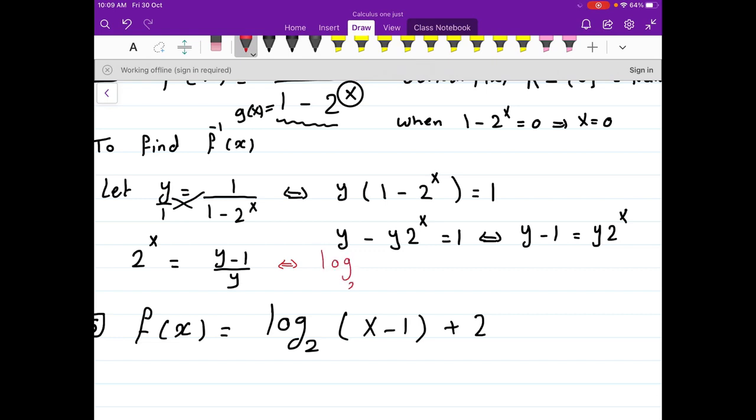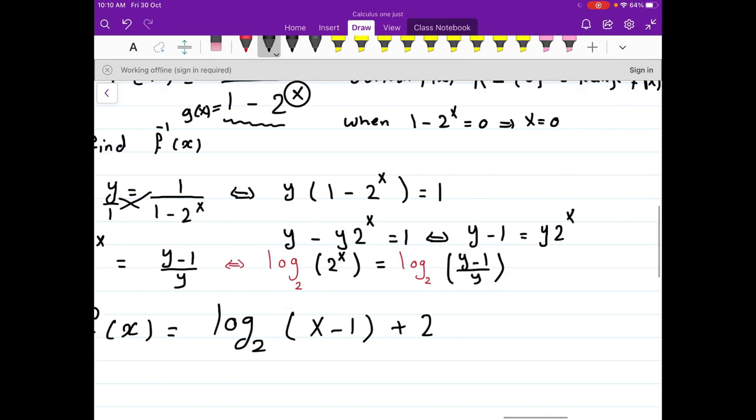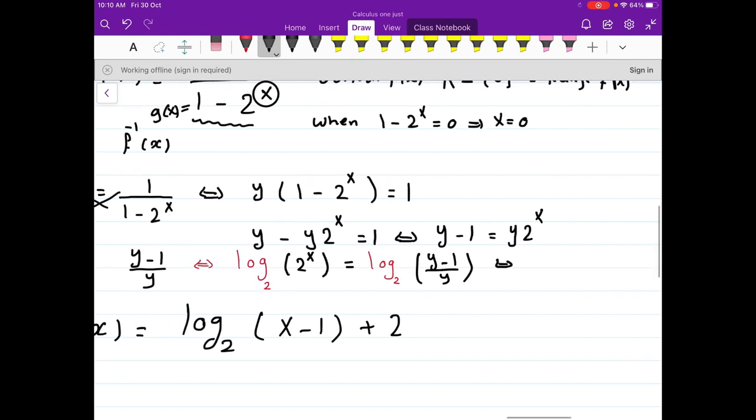So take log base 2: x equals log base 2 of (y minus 1) over y.